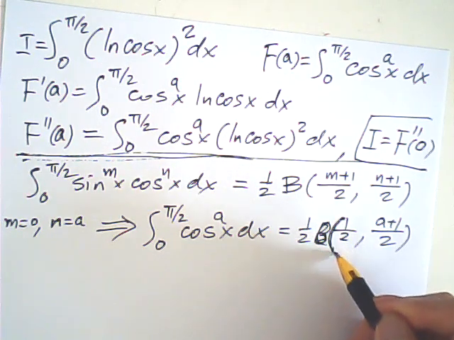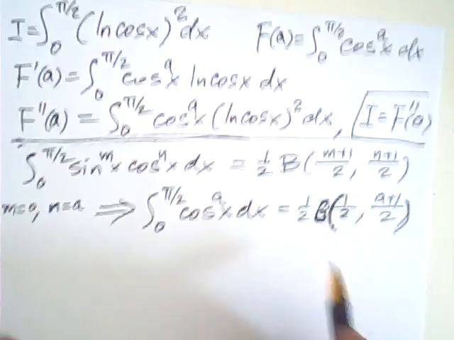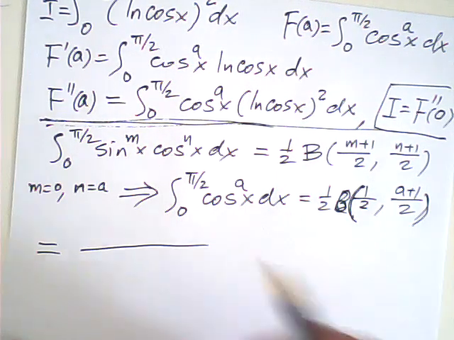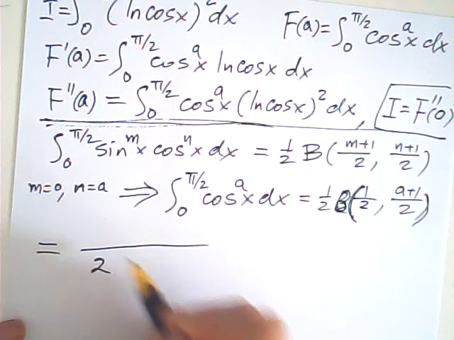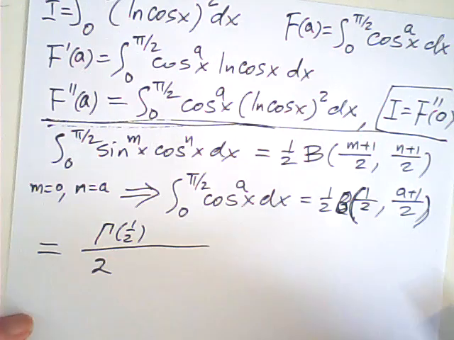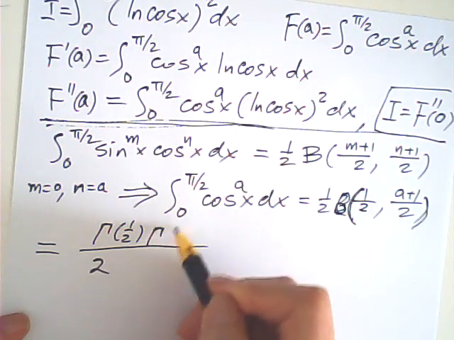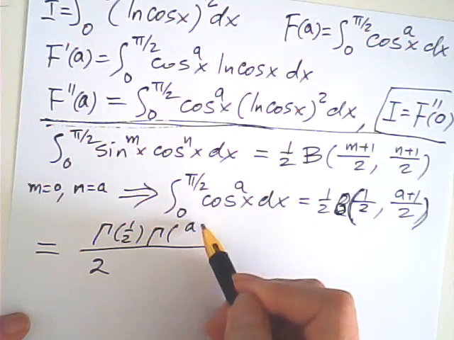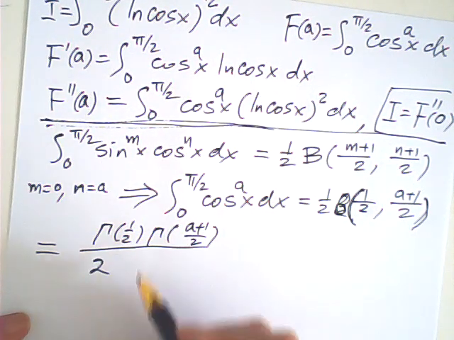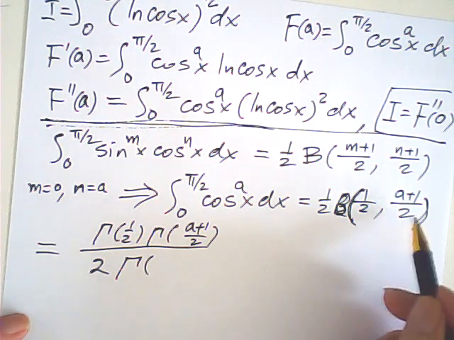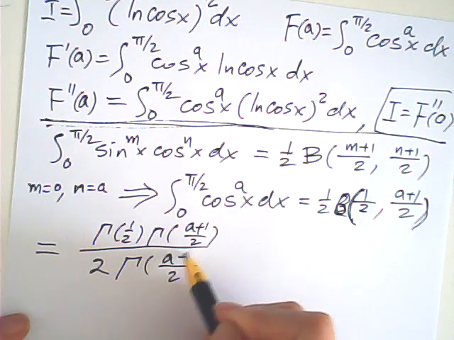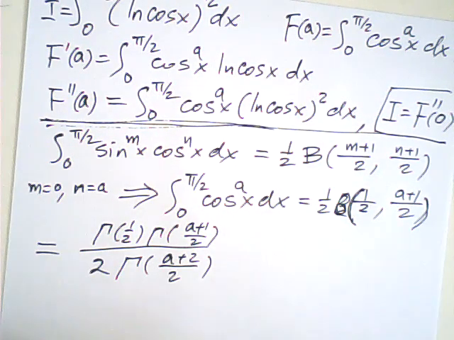And we know that the beta function is related to the gamma function. So this is 1/2, gamma half times gamma of a plus 1 over 2, over gamma of this plus this, which is half plus a over 2, that is a plus 2 over 2. Right? Very good.